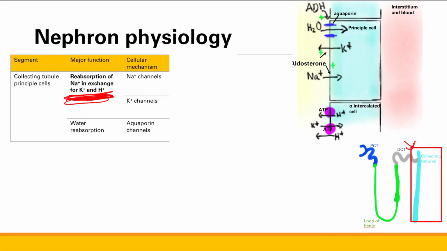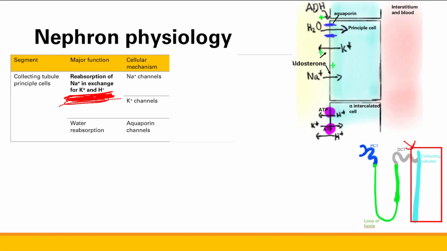You're going to see this over and over again, and the reason why is it's going to affect your potassium levels, so you can get hypokalemia, hyperkalemia due to abnormalities here. It's going to affect your hydrogen levels, your acid levels. So this can cause some metabolic acidosis, metabolic alkalosis. You're going to see this over and over again, so be sure to know this.